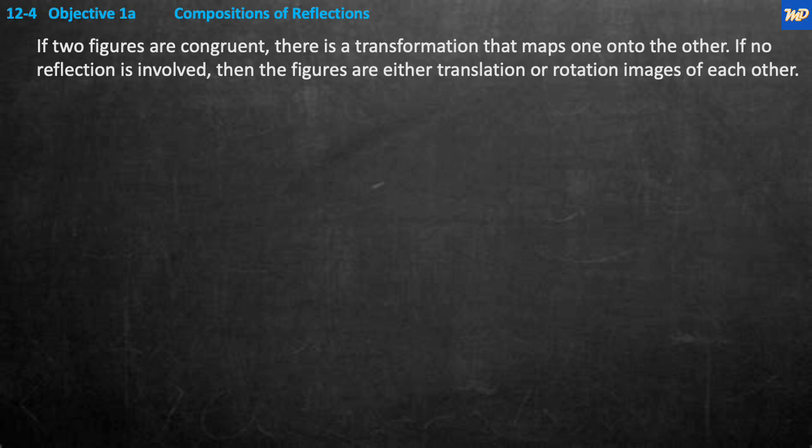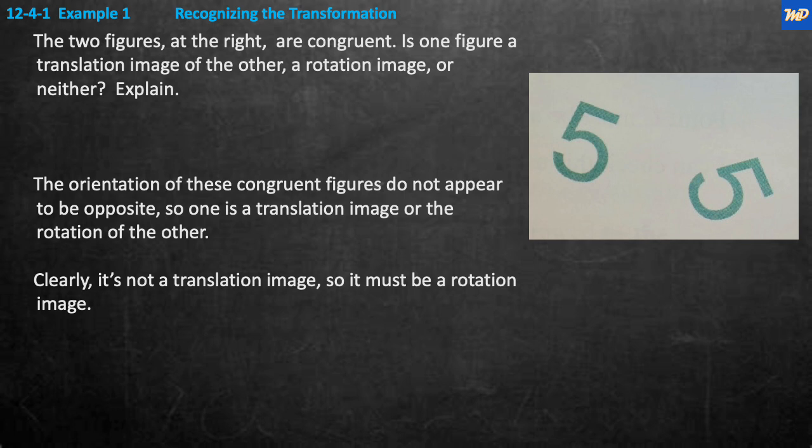So either they're sliding them around, right? Translation or rotation. If you have these two congruent figures, as you slide them around, they're going to eventually match up, unless there's a reflection involved, which flips it, like from its back to its front, kind of a concept. Okay, example 1, recognizing the transformation.